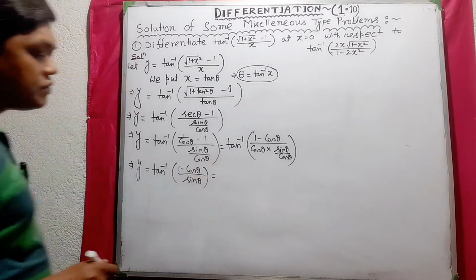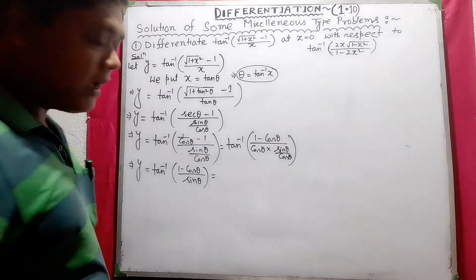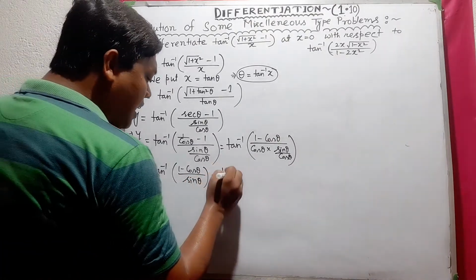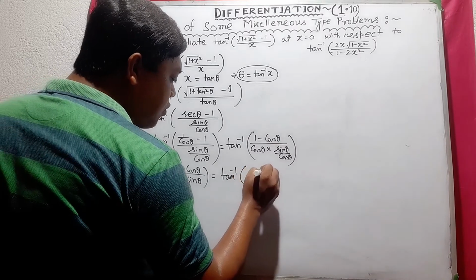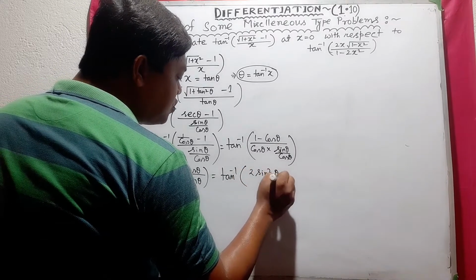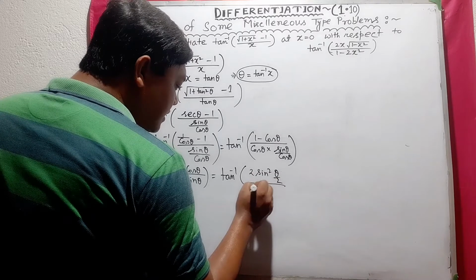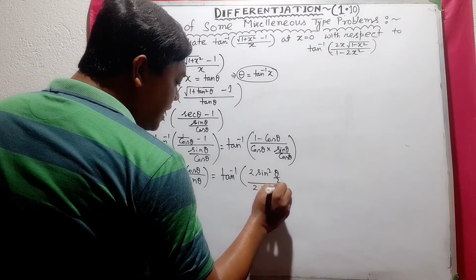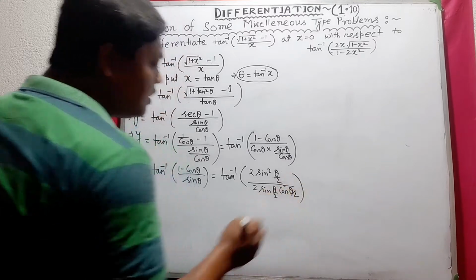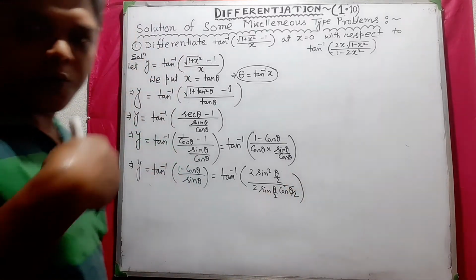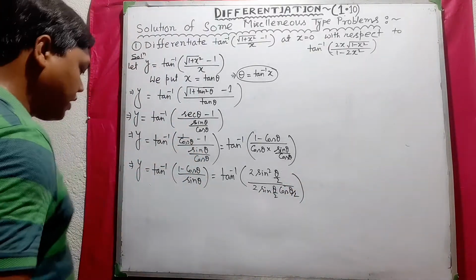Now we use the submultiple angle formula: 1 minus cos 2 theta, that means 2 sin square theta by 2, and sin theta can be written as 2 sin theta by 2 cos theta by 2. We have already discussed this type of formula in the trigonometric part also.